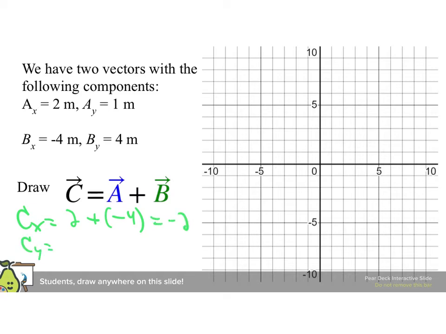And cy is ay plus by, which is 1 plus 4, or 5. So I want to start here, maybe, and go up 5 and over 2. The sum looks something like this.